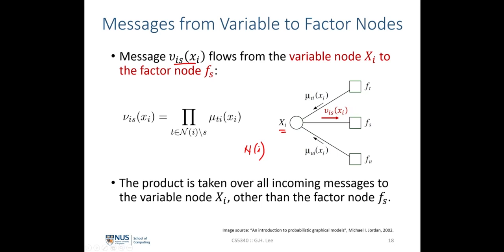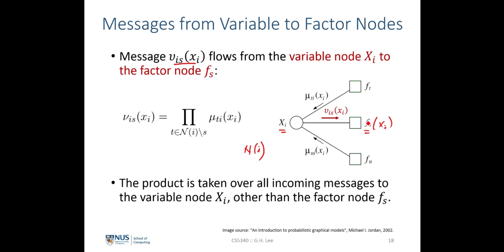It's important to note that for a message that flows from a random variable to a factor node, we are not going to marginalize away any of the random variables. This is because this fs has to be also a function of xi.